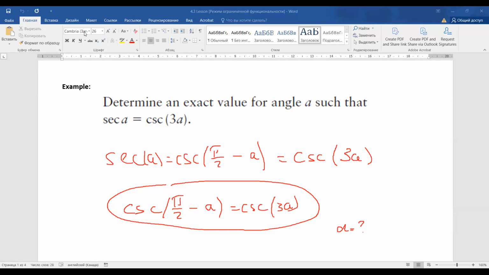Guys, any feedback? Do you know what a is equal to?